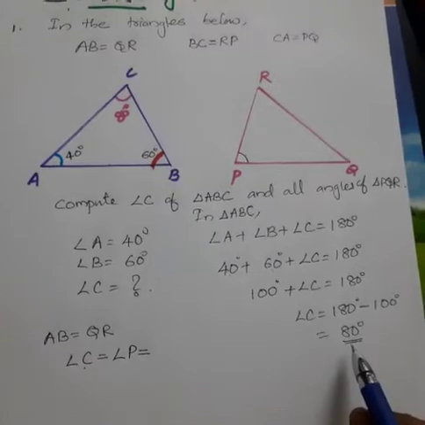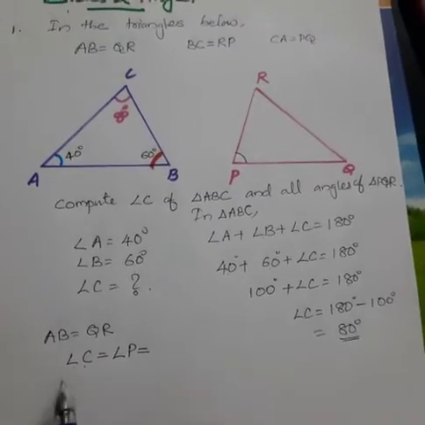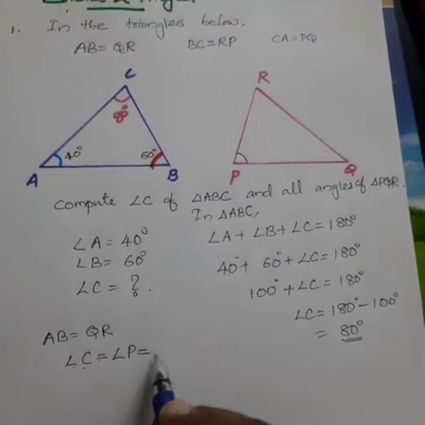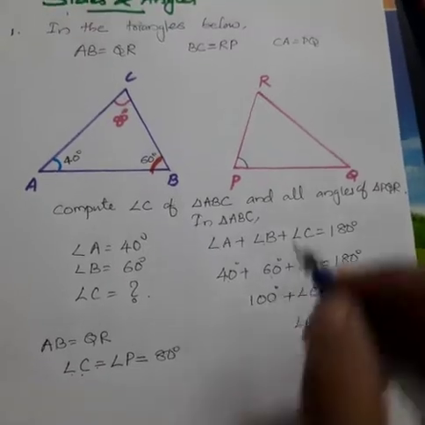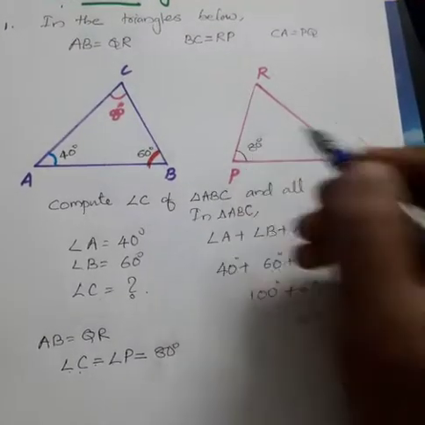We already got angle C as 80. So angle C is equal to angle P is equal to 80 degrees. We can mark it as 80 degrees.